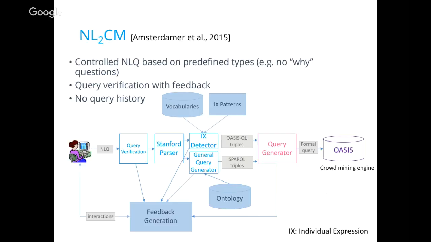Each of the paths generates different triples. This IX detector generates the Oasis query triple, and the general query generator generates the SPARQL triple. Then you combine both together to generate the final query. I will describe each of the steps in more detail.